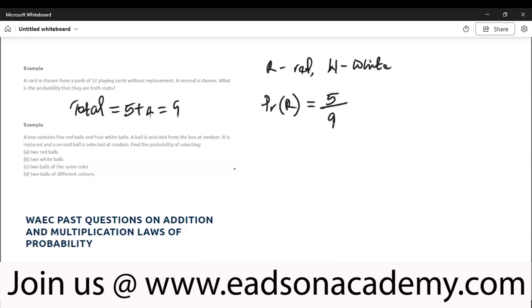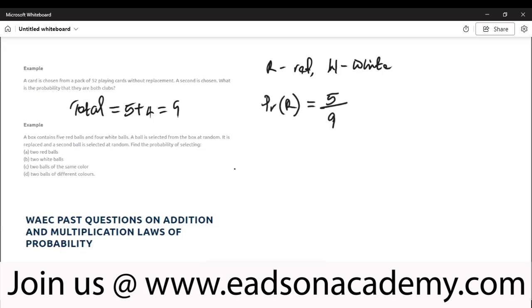After picking that, you replace it. That is for the first draw, you replace it before picking again. So the number of balls still remains constant, and also the number of reds still remains constant. So the point I'm making here is you pick the first ball, which is 5 over 9 because there are 5 red there and a total of 9 balls.